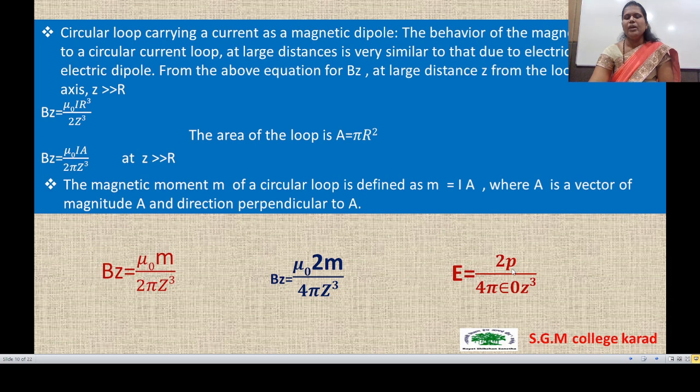P means the electric dipole moment, and m is the magnetic dipole moment. So of these equations, the first indicates the magnetic dipole, and the last one, 2p upon 4 pi epsilon 0 Z cube, indicates the electric dipole.